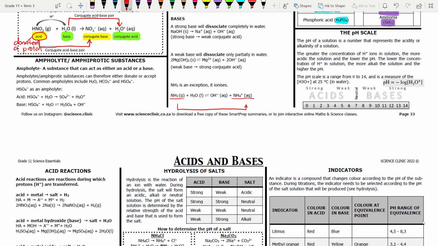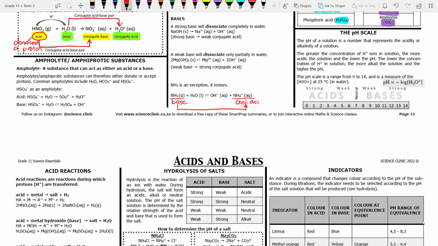Then we first check, does ammonia gain or donate a proton? It gains. It accepts a proton, so we call it a base. Then on the other side, that is automatically a conjugate acid.